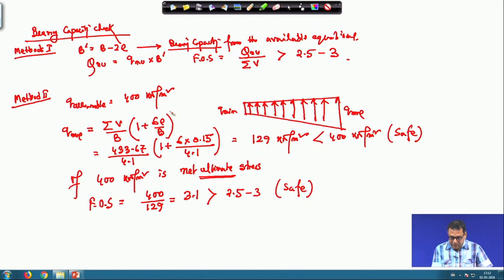In method 2, all the stresses you calculate by considering B, and in method 1 by considering B dash. If you are using method 2, then it will be only B, and you do the checks in terms of stresses, but here the checks are in terms of factor of safety, in terms of force. So these are two different things for these two methods.